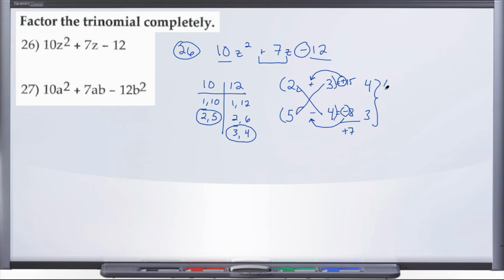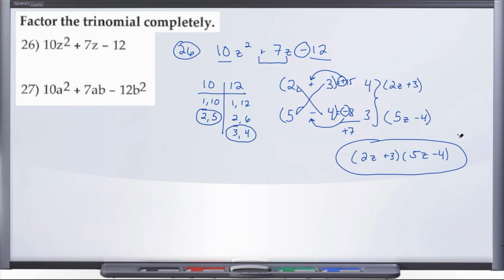So we have 2, don't forget to fill in your variable, so in this case z, plus 3, and here we have 5, don't forget your variable, z, minus 4, and if we wanted to write these out on one line, we'll have 2z plus 3, and then 5z minus 4, and there we have our factors of the trinomial 10z squared plus 7z minus 12.